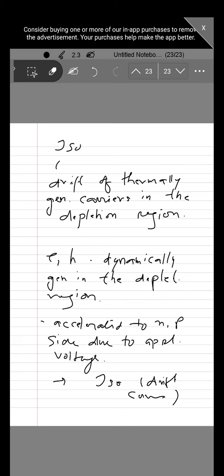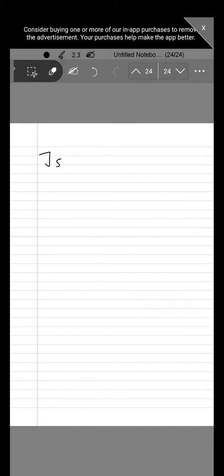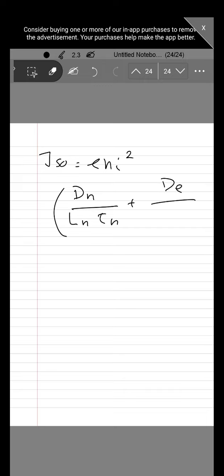As we have previously seen, the expression of the drift current JSO is equal to E ni square into two terms, DH divided by LH ND plus DE divided by LE NA.